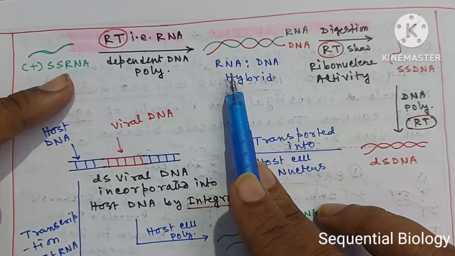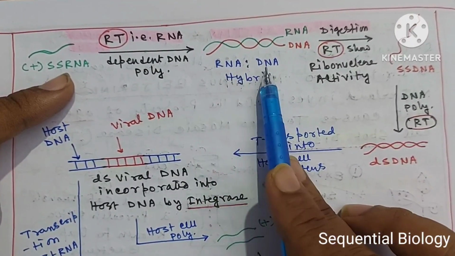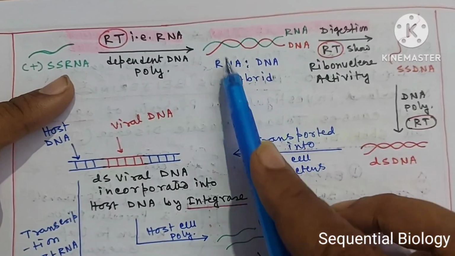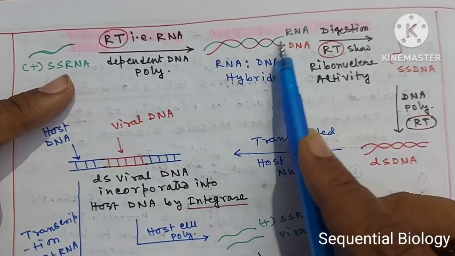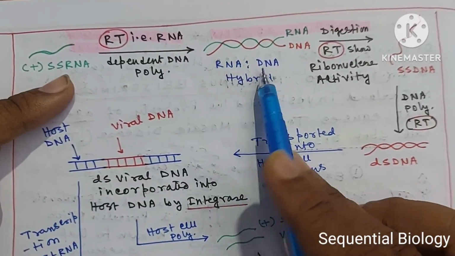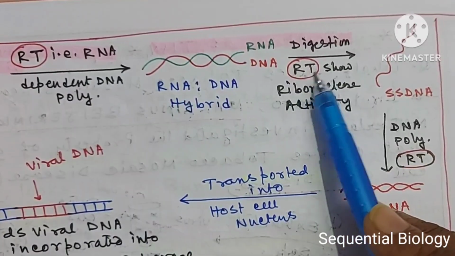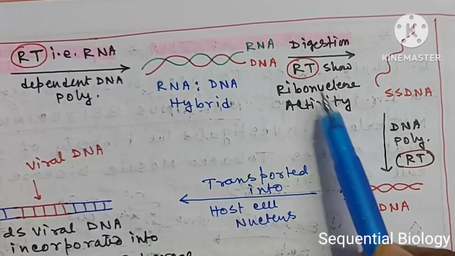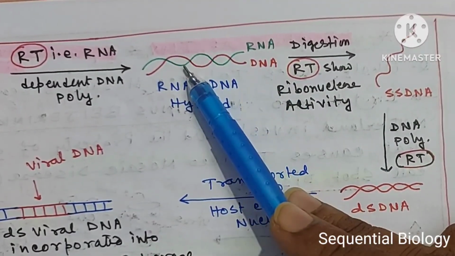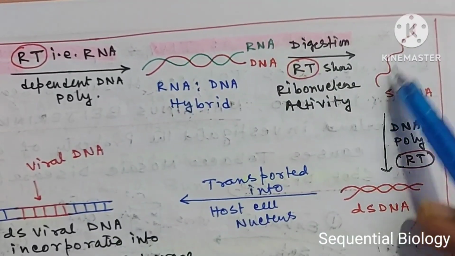So the first step in their replication is the synthesis of an RNA-DNA hybrid. This is the RNA chain, and this is the DNA strand, and this RNA-DNA hybrid is synthesized first. The reverse transcriptase enzyme shows ribonuclease activity, so the RNA is digested, and this releases a single-stranded DNA.